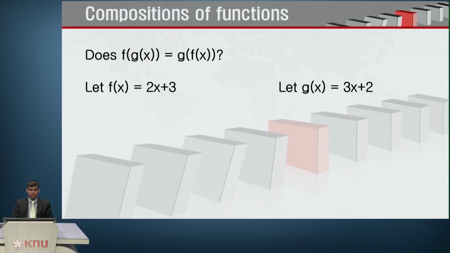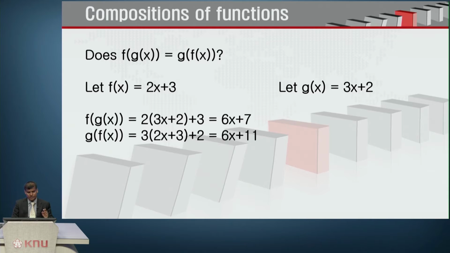Let's take the same example where f of x is 2x plus 3 and g of x is 3x plus 2, and you have f of g of x revealed to be 6x plus 7, whereas g of f of x turns out to be 6x plus 11, which means that this property does not hold. f of g of x is not equal to g of f of x, as they are not equal.